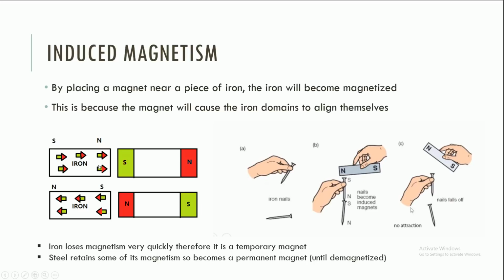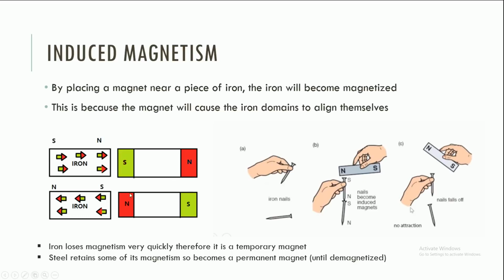Ultimately, what that means is this iron will always get attracted to the magnet because the domains will align themselves because of the magnetic field from the permanent magnet. And so if you look at the entirety of the iron piece here, the North Pole inherently will be attracted to the South Pole here, so therefore you'll get that attraction.